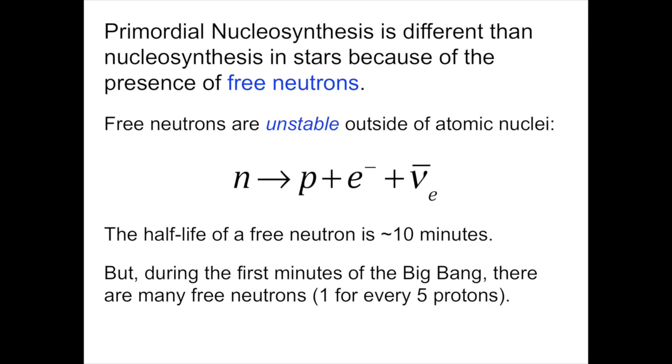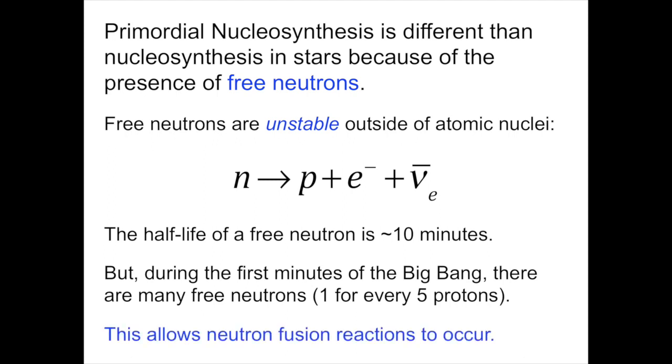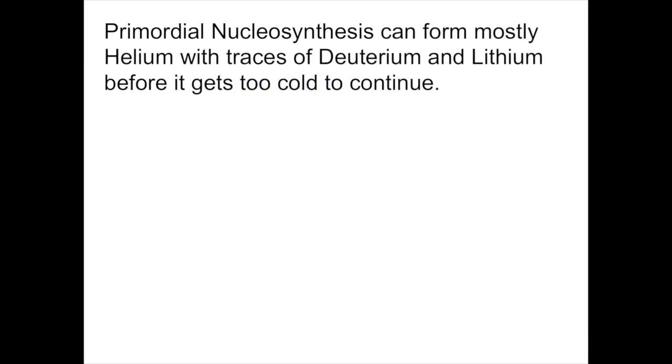In fact, there are so many free neutrons, about 1 for every 5 protons, that it enables a unique situation in which neutron fusion reactions can occur. This is critical for being able to do significant amounts of nuclear fusion during the very brief 10-minute or so window during which the universe is not too hot for nuclei to be stable and not so cold that fusion can no longer occur. Let's see how this works.